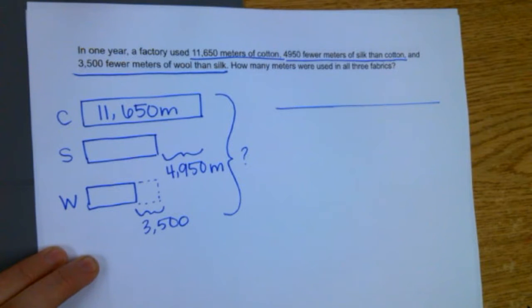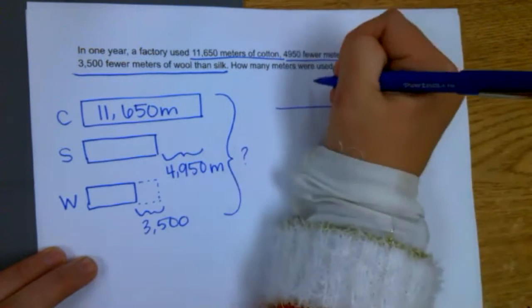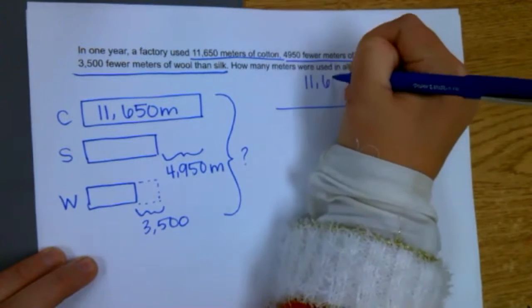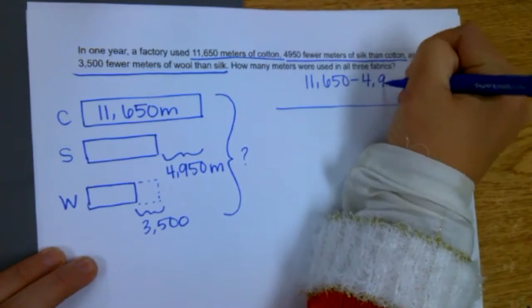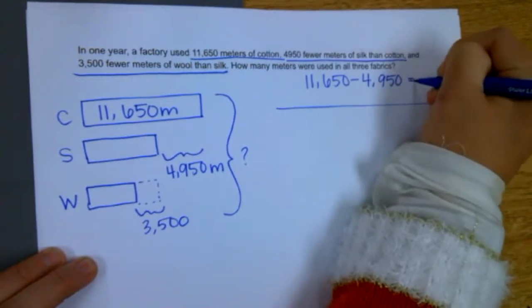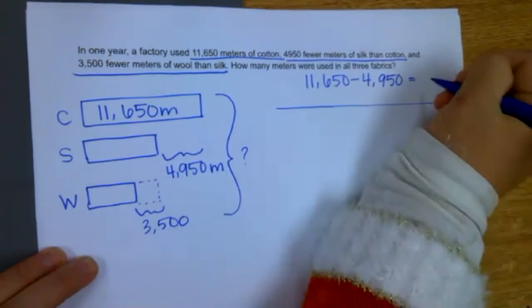Tony, can you repeat that for everyone? What equation are we trying to solve to figure out how much silk we have? Can everyone repeat what Tony just said? 11,650 minus 4,950 equals the amount of silk.